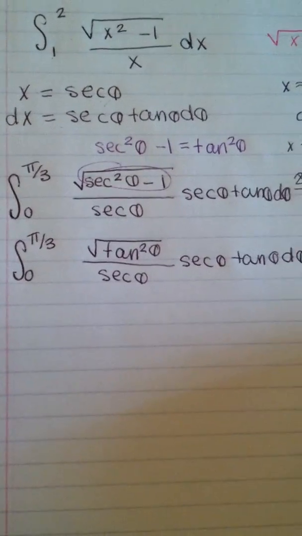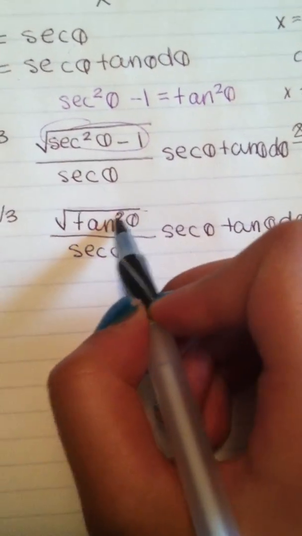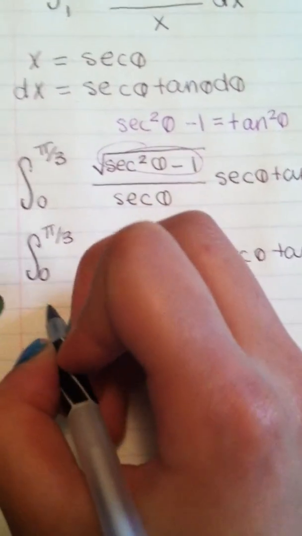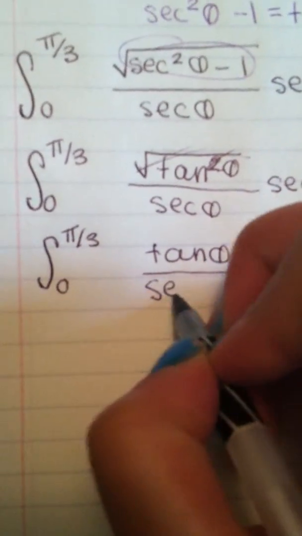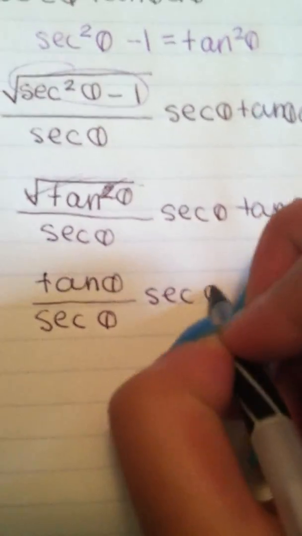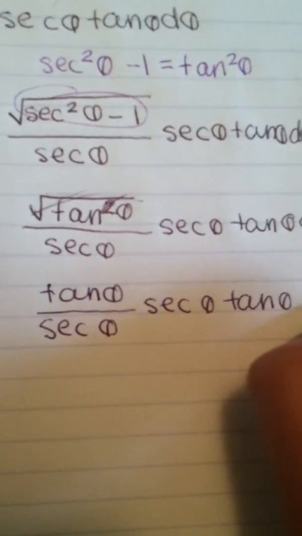Okay, so simplifying even further, we can see that taking the square root of a square cancels out. So now we have the integral from 0 to pi over 3 of tangent theta over secant theta times secant theta tangent theta d theta.